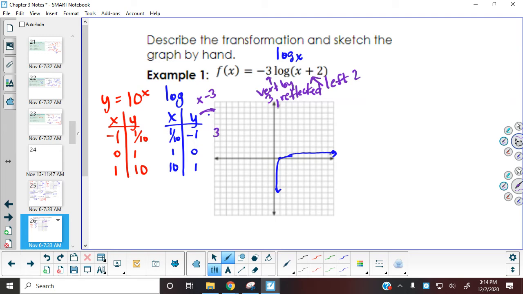So this is going to become 3, 0, -3. And again, everything has been shifted left 2. So this point, for example, here has gone left 2, and I'm going to leave it alone. 10, 1 is going to be left 2, but instead of up 1, it's going to be down 3.